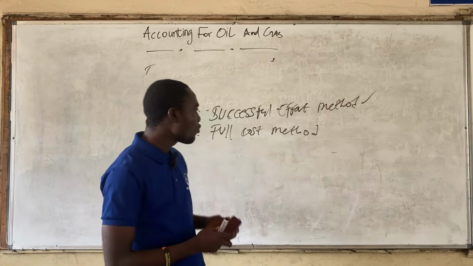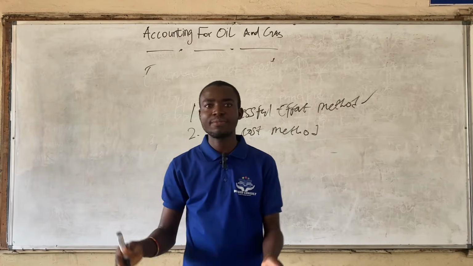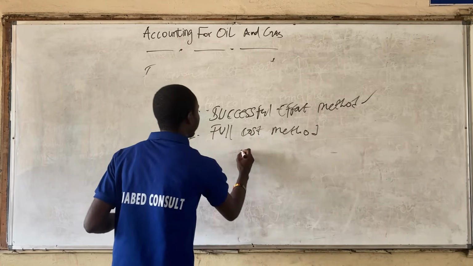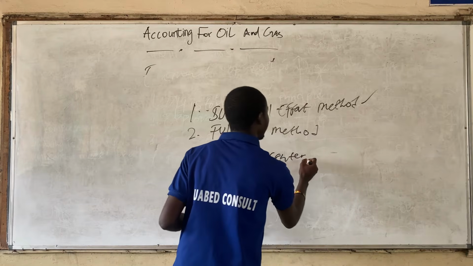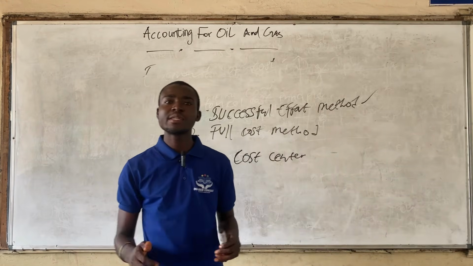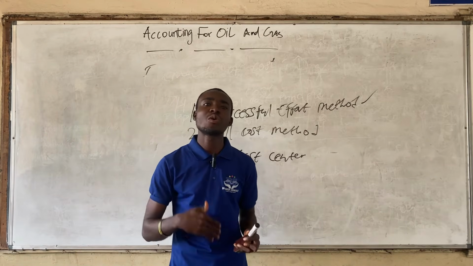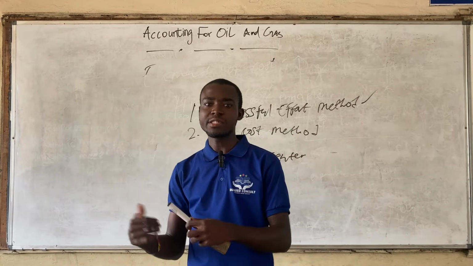And then another major difference between the two methods is cost center. That's cost center. So cost center simply means a location or a department in the organization that tracks costs and expenses.